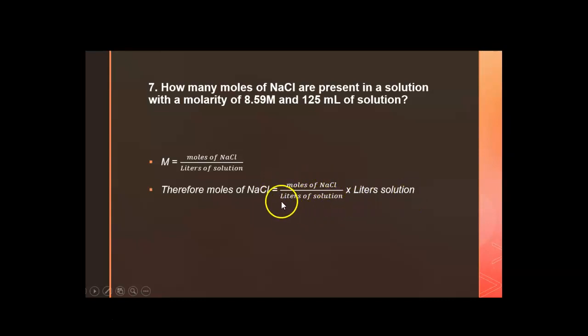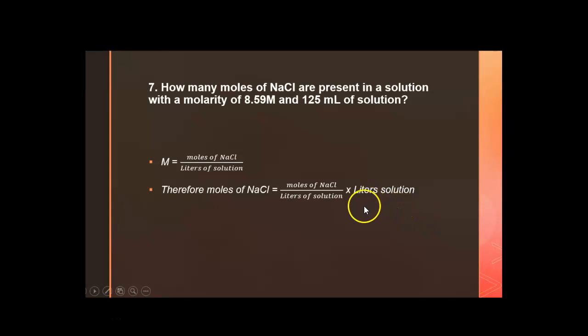Now let me point this out. If you just put a capital M here, you wouldn't be able to see that liters of solution over liters of solution is 1. And you perhaps wouldn't realize why moles comes out of this calculation.